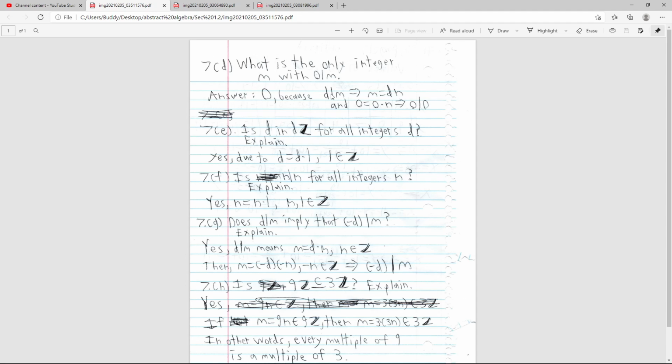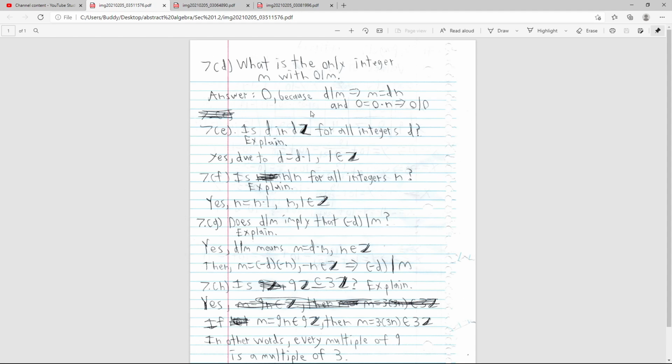The logic behind this is d divides m implies m equals dn, so 0 equals 0 times n. So 0 divides 0, because you can form it in the form of a number equals a number times a number. 0 is equal to 0 times any number, any integer in this case. So that's how that is. I know it's weird, but just hang in there.